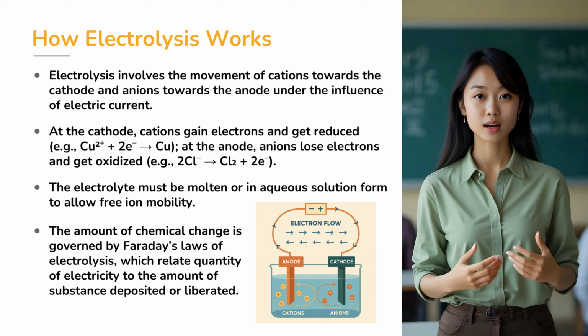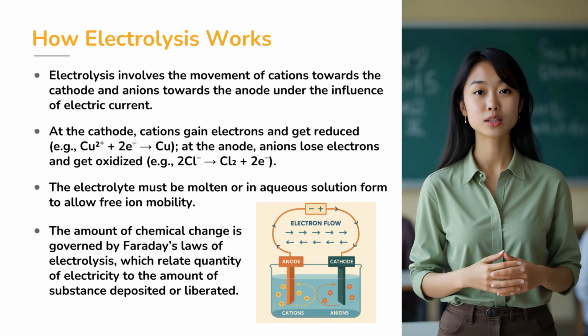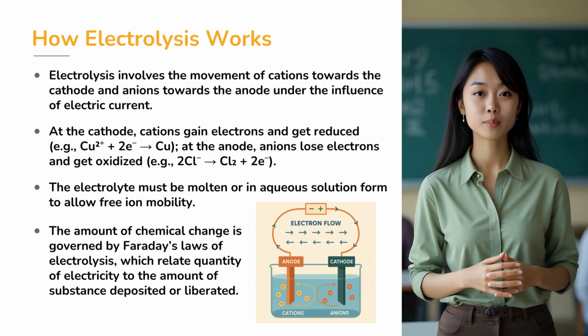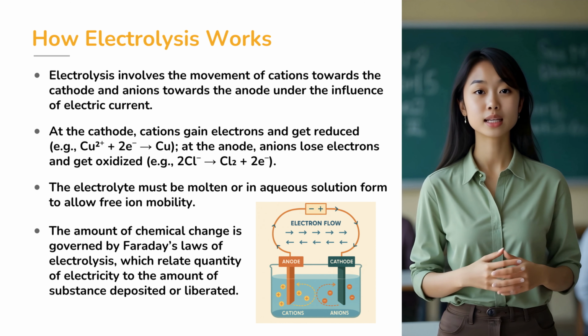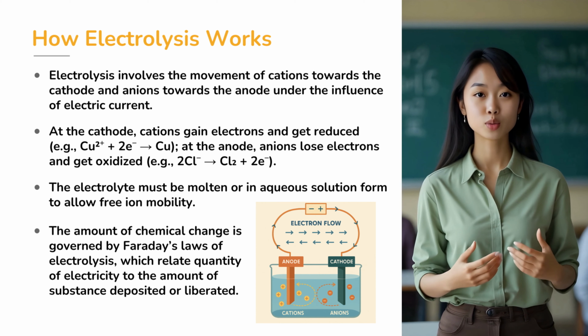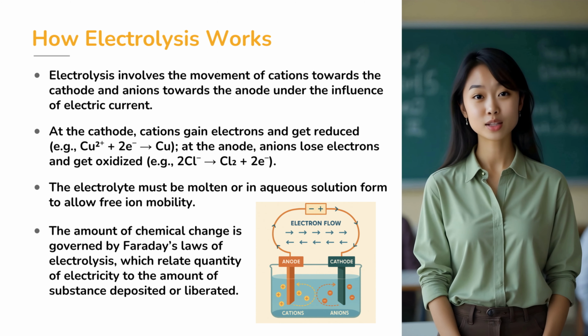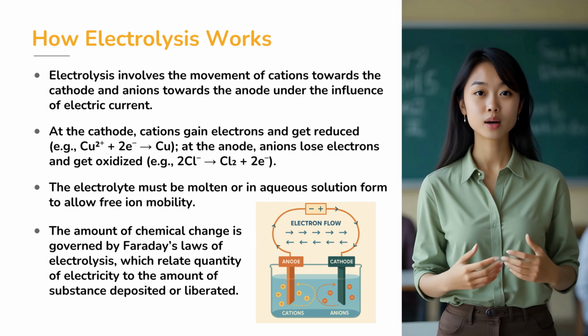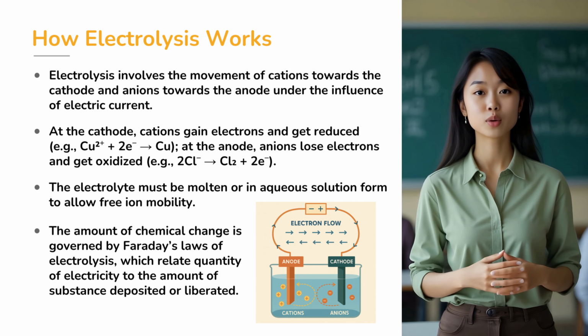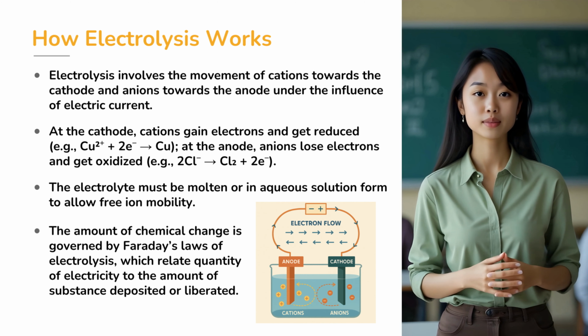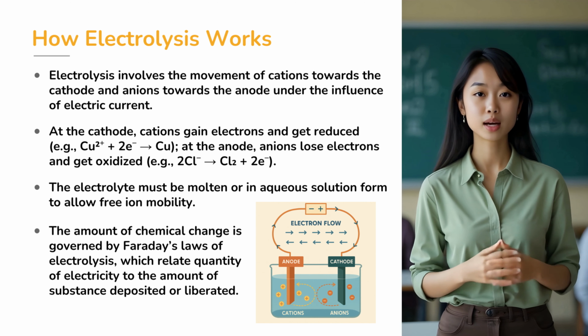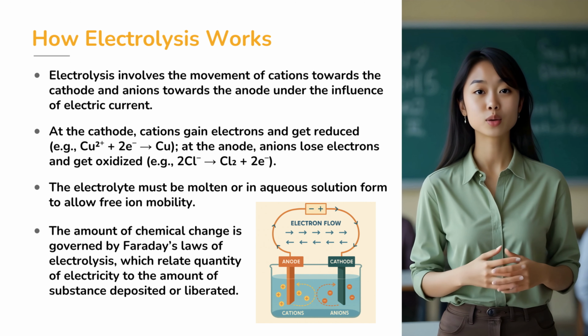When we pass a direct current through an electrolytic solution or molten compound, positive ions or cations move towards the cathode and negative ions or anions move towards the anode. At the cathode, cations gain electrons and get reduced. For example, copper ions, written as Cu2+, gain 2 electrons to form copper metal. The reaction is Cu2+ plus 2 electrons gives Cu.